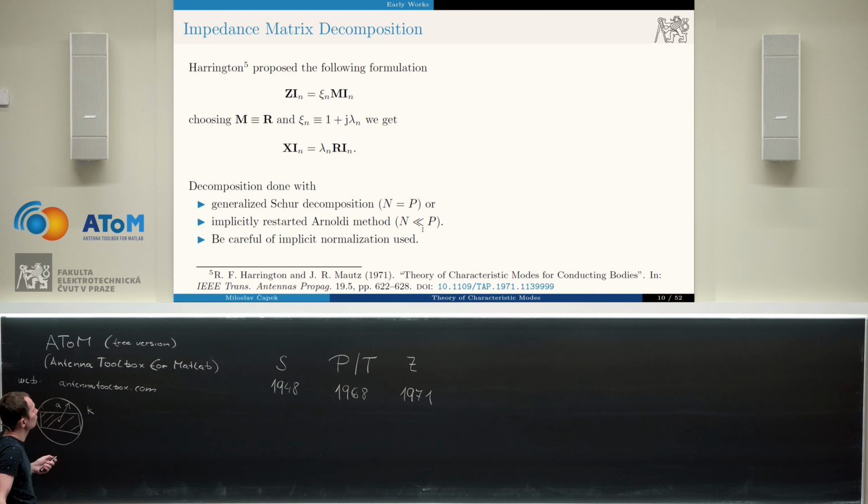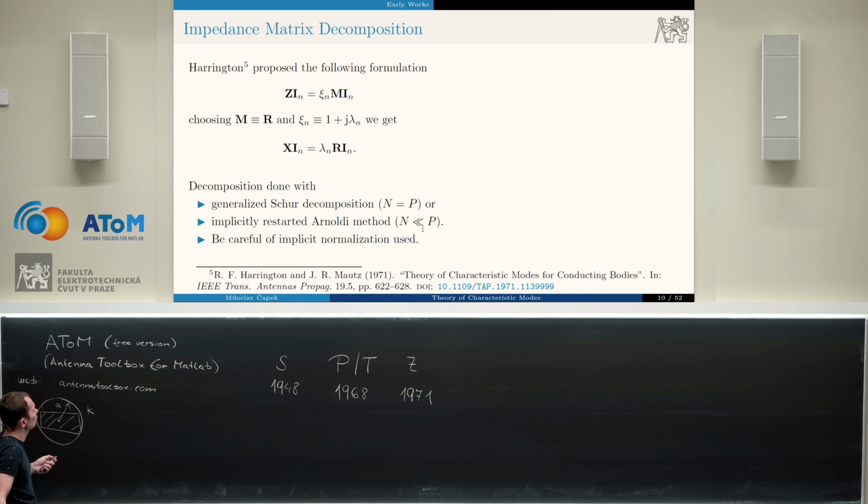So for now, we have the decomposition completed with some algorithm. We employed a method of moments code and so on. And now let's focus on what algebraic properties we get. So first of all, the Rayleigh quotient generated by this decomposition is this one. And you can see that it's a ratio between the reactive power and the radiated power. And this is directly what your eigenvalue is telling about each eigenvector.